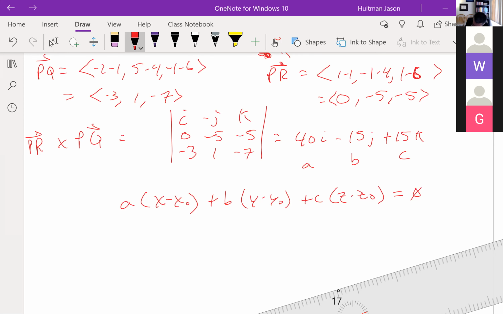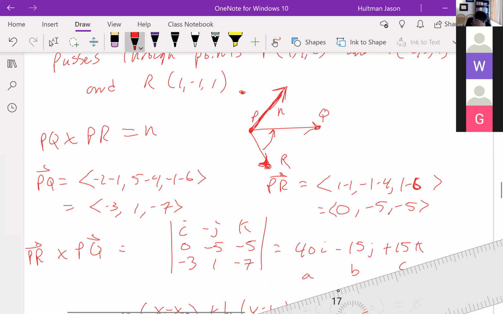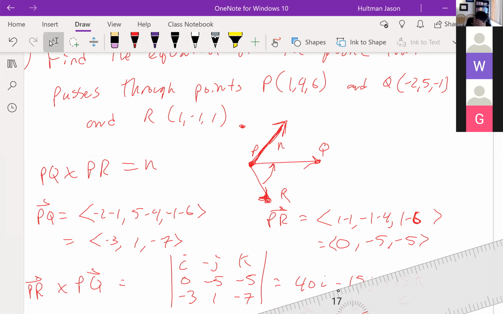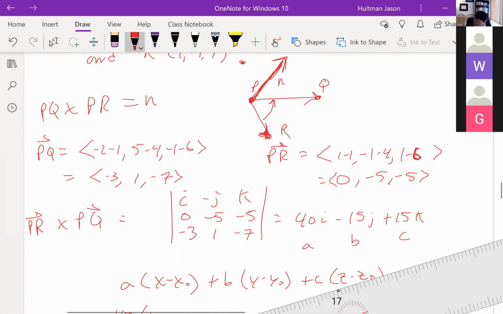So this is going to be 40 times x minus x naught. Well, what do we want to use for x naught? We could just use P, since that's where the orthogonal vector is originating. It really doesn't matter, we could use any of them, but we're going to use (1, 4, 6).